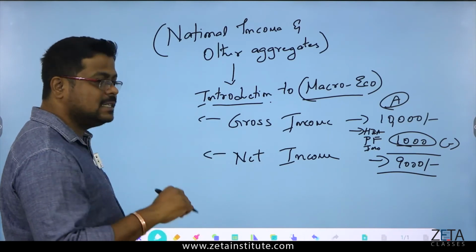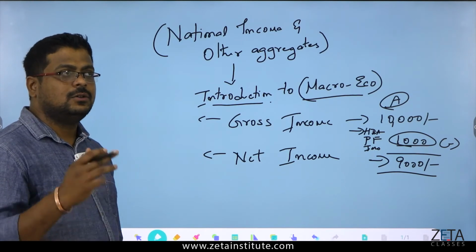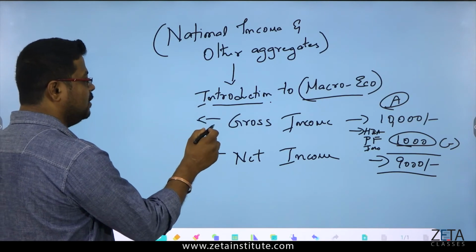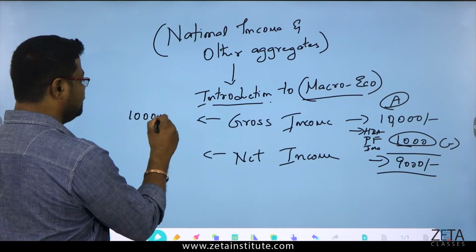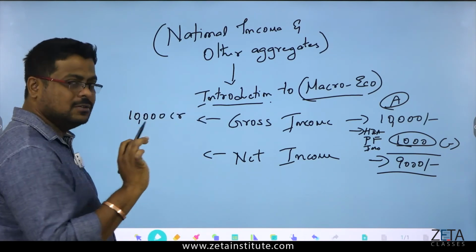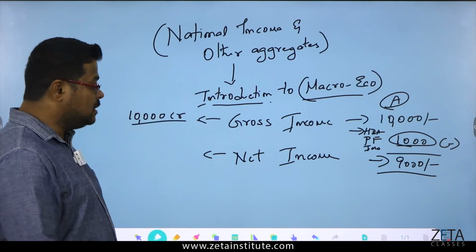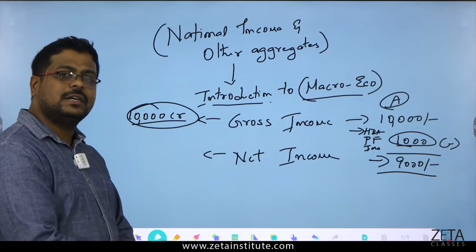Now suppose, let us consider that on March 31st, 2020, the gross income of India, the gross income of the country, was 10,000 crores. Just a simple numerical, okay? It will be more than that, just an example. Is all of this 10,000 crores ours, belonging to the country?